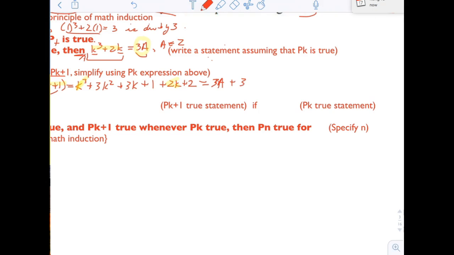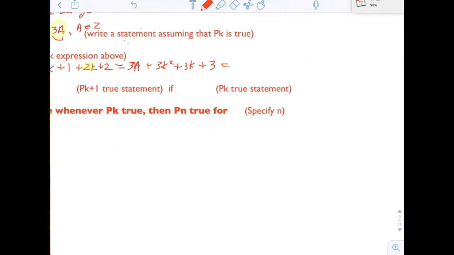So we got plus 3k squared, we got 3k, and we also have plus 3 because plus 1 plus 2 is plus 3. Oh, we're getting very close now. Now, do you see how we can factor 3 out of everything? So we have 3 times a plus k squared plus k plus 1.